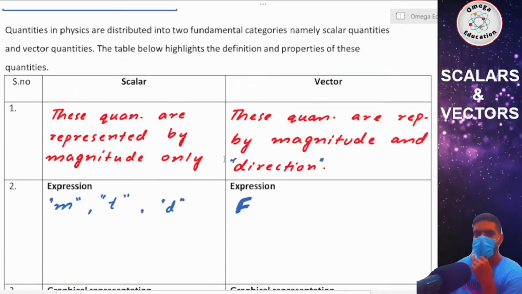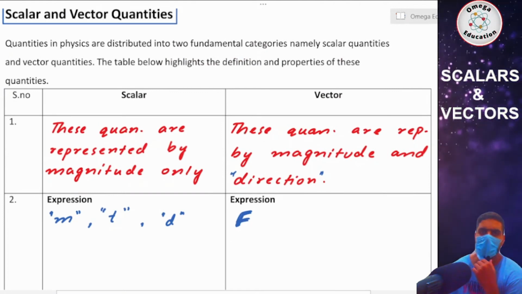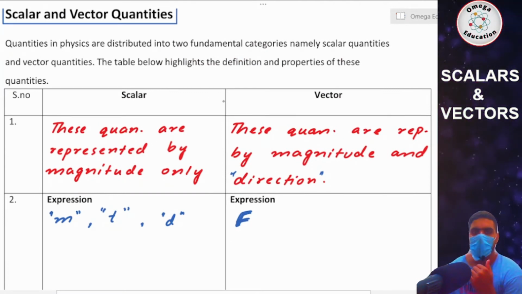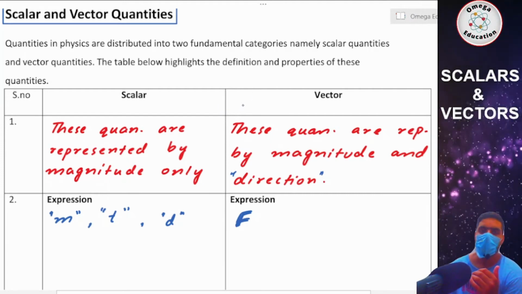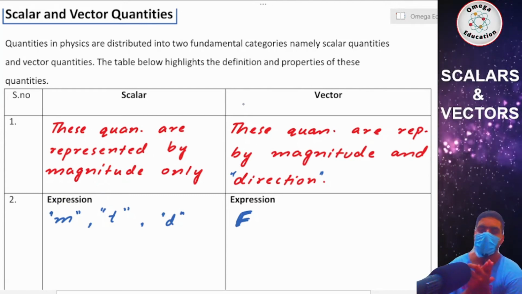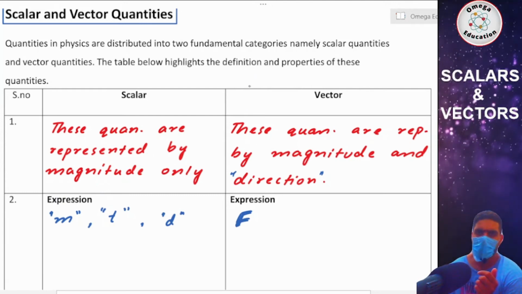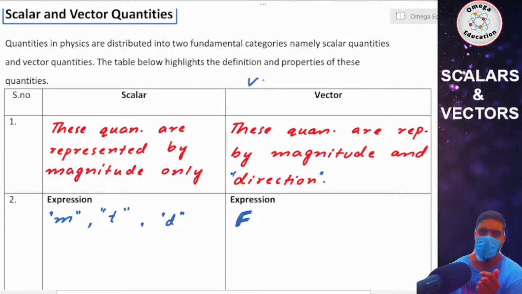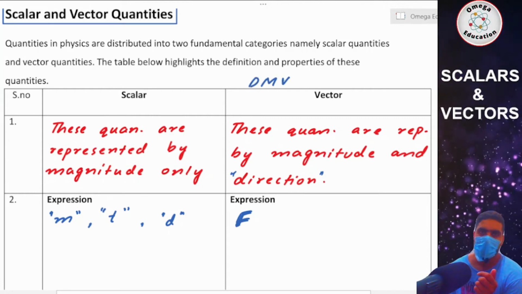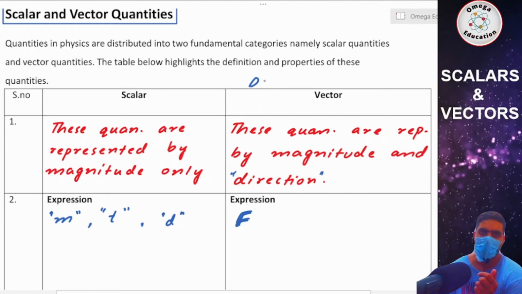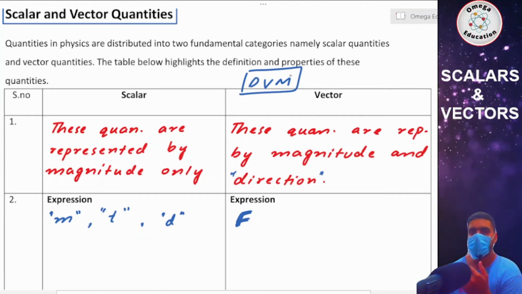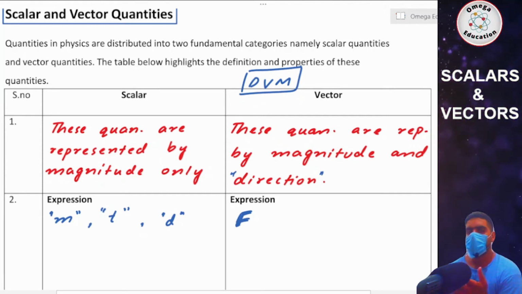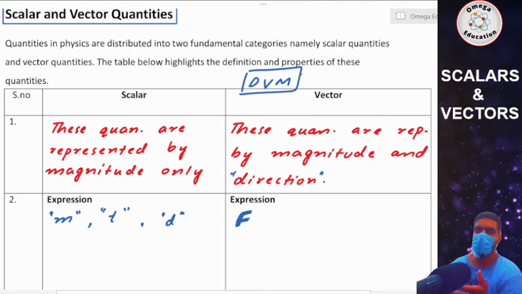One thing I often tell my students, if they are prone to forgetting or confusing scalars with vectors and vectors with scalars, like which one requires the mentioning of direction, is to keep this in mind: DVM. It's a popular mnemonic abbreviation, and also the name of a study program.